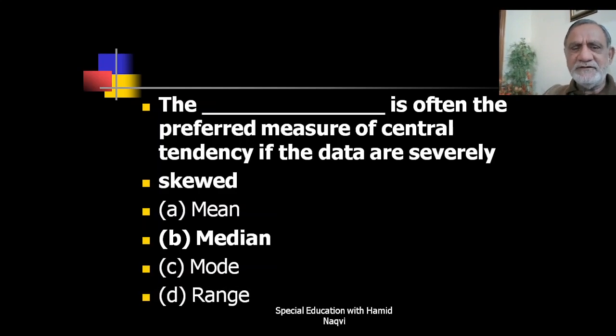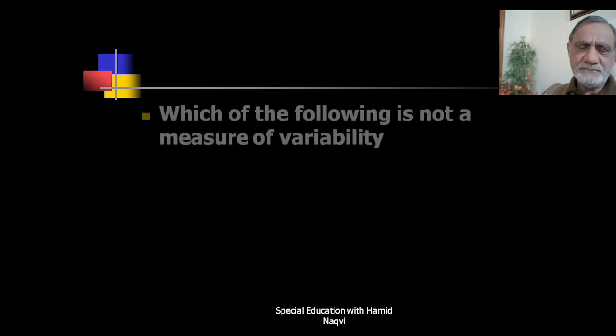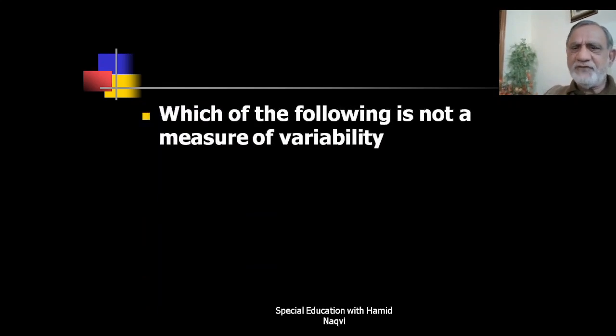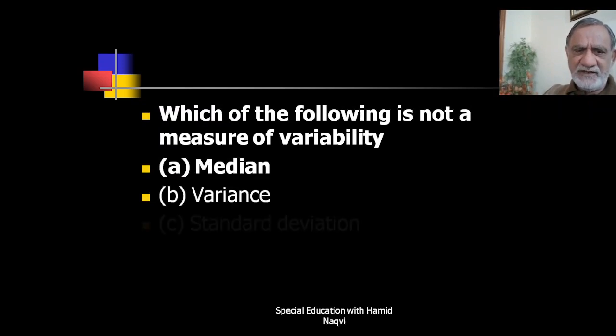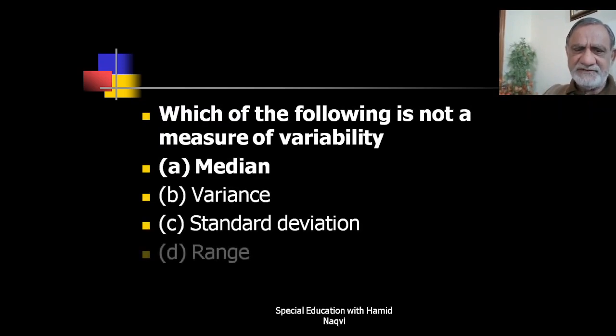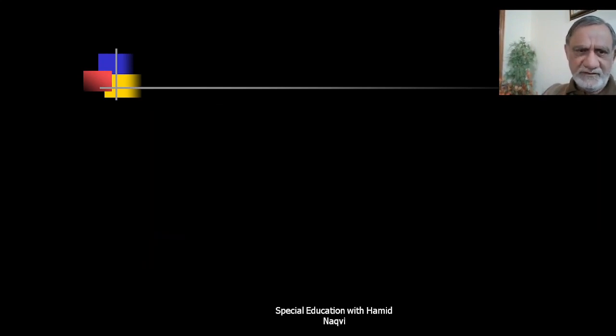Correct is the median is often the preferred measure of central tendency if data are severely skewed. Which of the following is not a measure of variability? Median, variance, standard deviation, or range? Median, first one, is not a measure of variability.